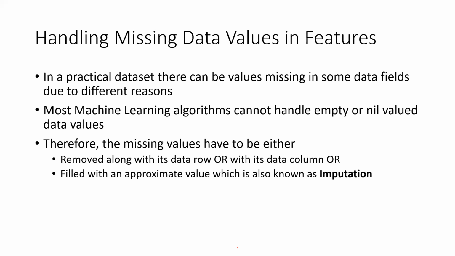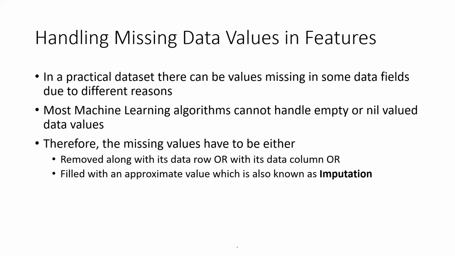For example, if you are having heights of people and some of the heights are empty, if you put the height as 0, then when you calculate the average height of the distribution, the average height would be lesser because you have replaced the empty values with 0 values. That is not a good practice, to replace the height with the 0 value.